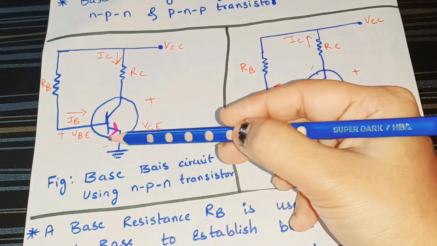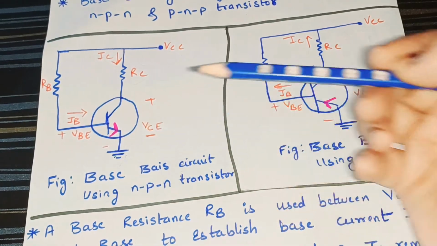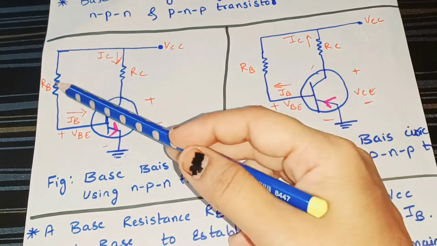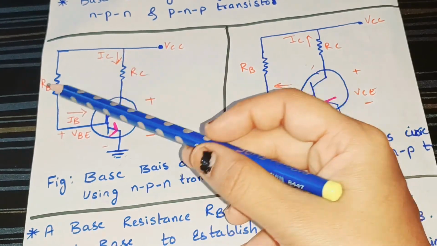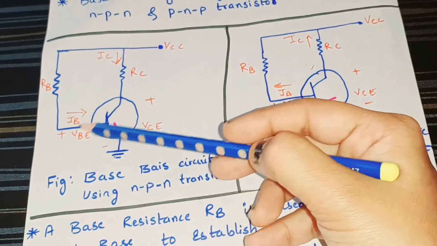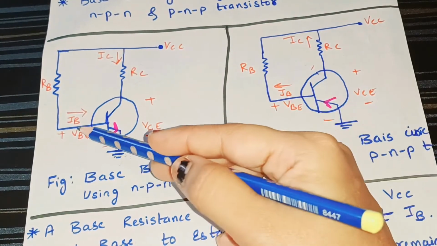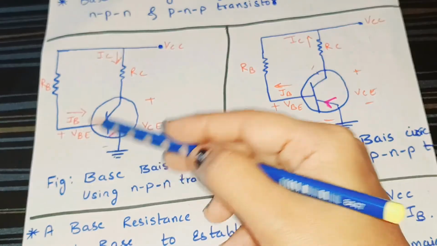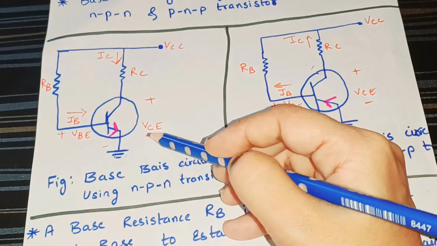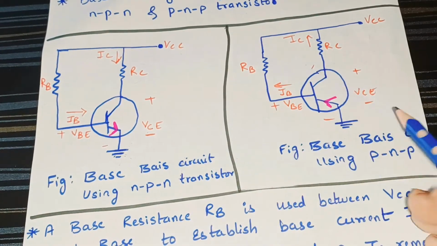So we have two resistors connected in parallel, RB and RC, which carry the base current and collector current. Here we have the voltage across the base emitter, and here the voltage across the collector emitter.